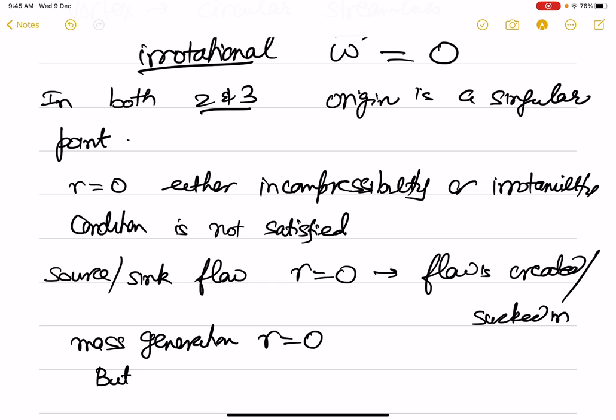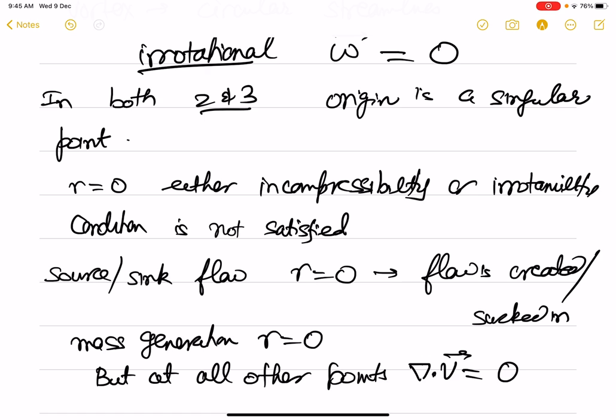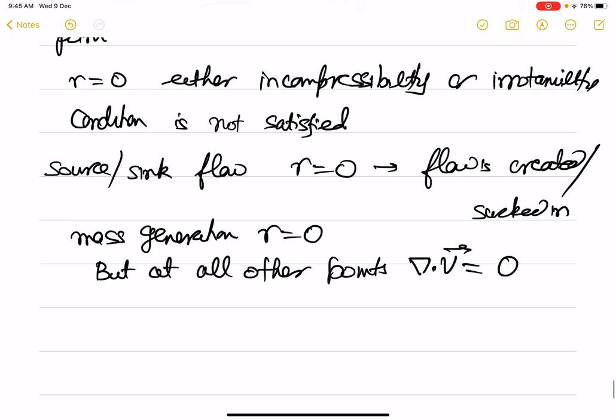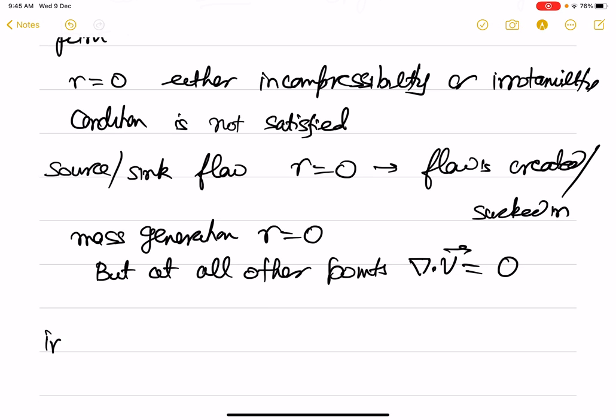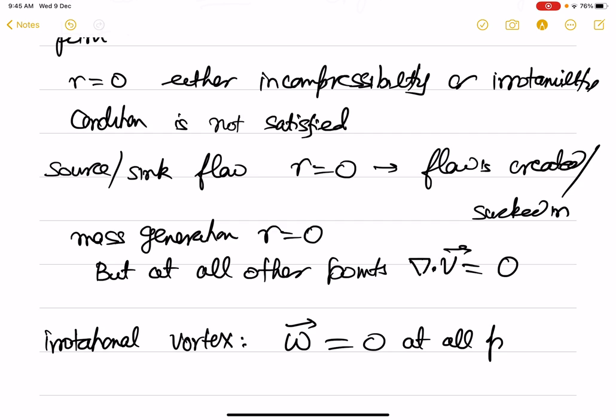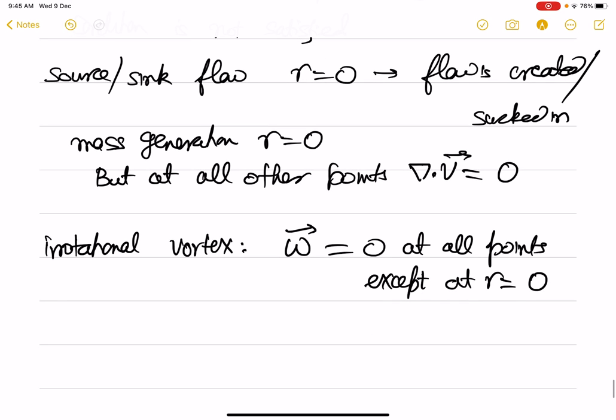But at all other points in the flow, del dot v is equal to 0. And similarly for the irrotational vortex, the vorticity is equal to 0 at all points except the location of the vortex, that is at r is equal to 0.